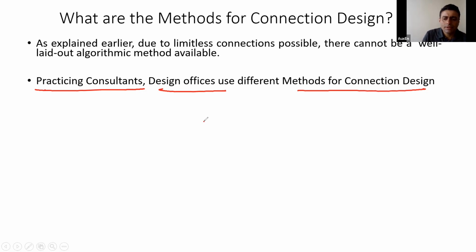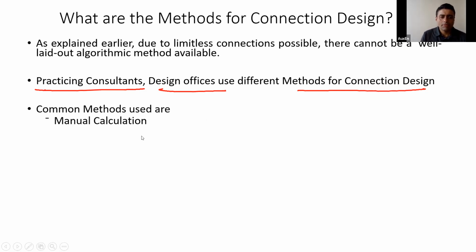So some people will just do some manual calculations. They rely only on some quick hand calculations. In other offices or with other structural engineers, you will see that they use, let's say, some Excel spreadsheets.